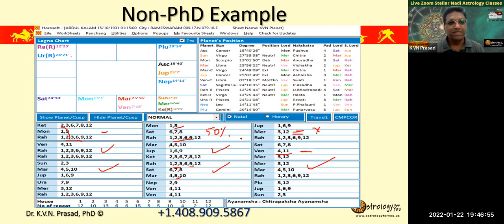So what I'm trying to say is, whenever we do this analysis, please make sure we see objectively. I told you in the beginning classes itself, a doctor will not treat his or her family members because they will get emotionally connected.